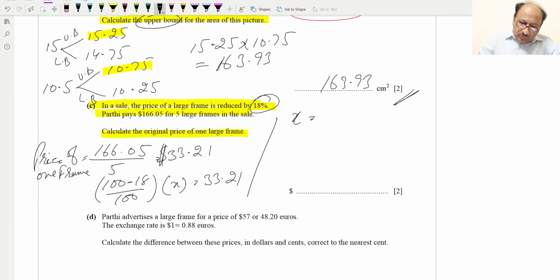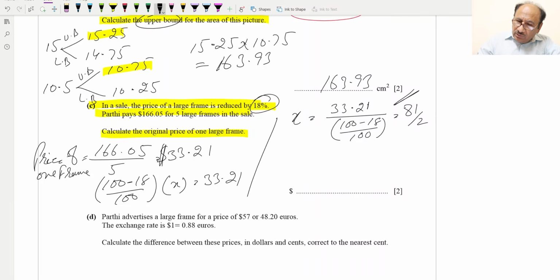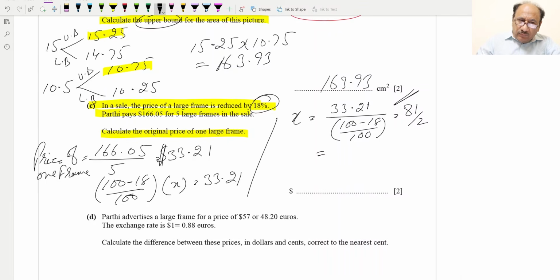So x will be equal to 33.21 divided by this whole thing, (100 minus 18) over 100, and this is equal to 40.5 approximately.